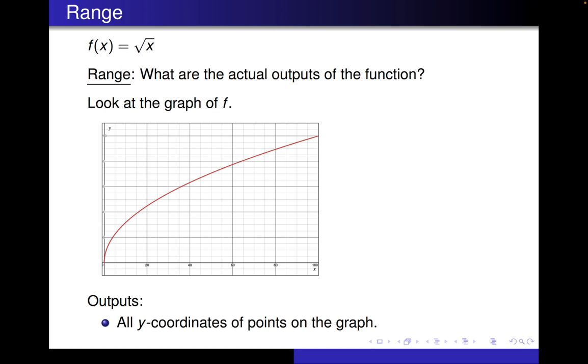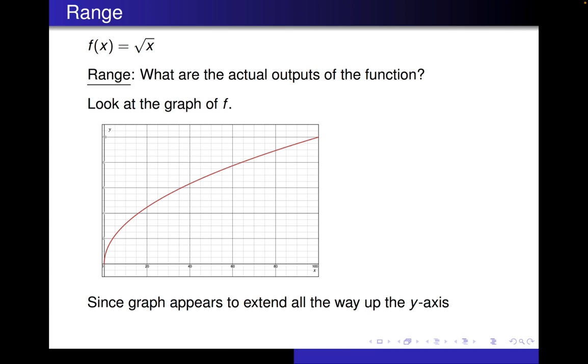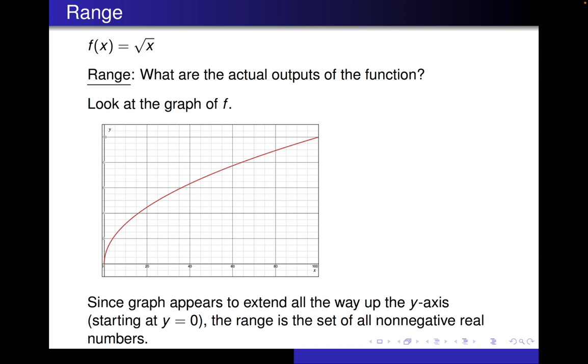And if you want to think about what those mean, well, the y-coordinates of the points on the graph are all the numbers on the y-axis that are across from the graph. Now, if you look at the graph, it appears to extend all the way up the y-axis starting at y equals 0, and notice that there are no points on the graph that are below the x-axis where y is negative, and that tells us that the range is the set of all non-negative real numbers.